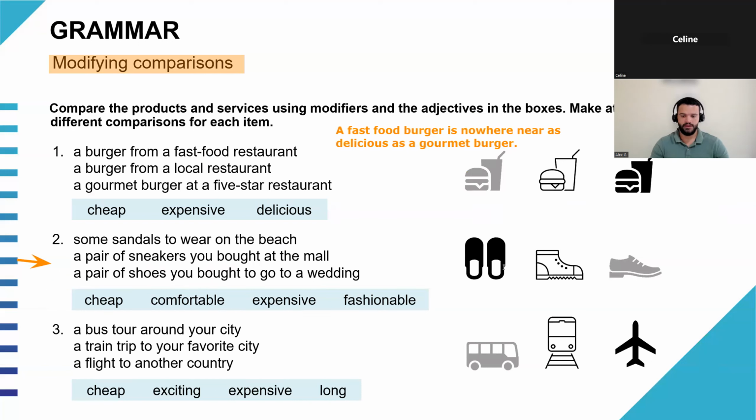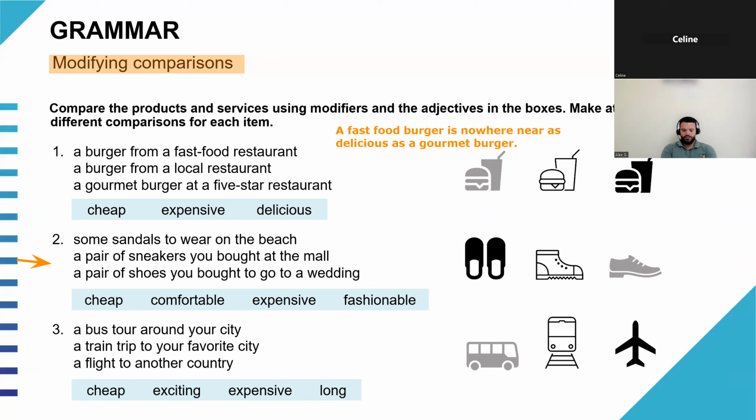I think a pair of black pants is a whole lot more fashionable than, I don't know, yellow pants. Let's say yellow pants, okay? So here's my example in the chat. A pair of black pants is a whole lot more fashionable than yellow pants.